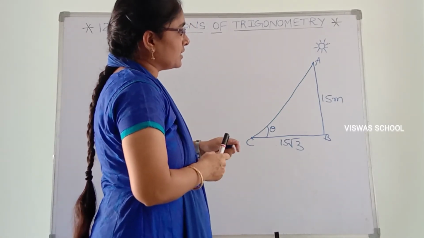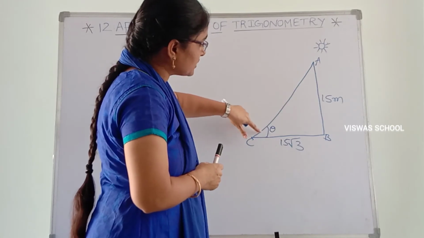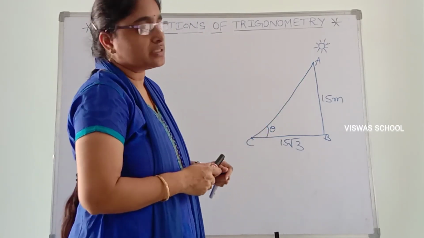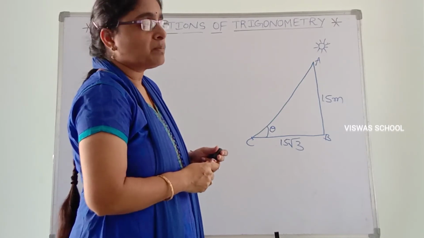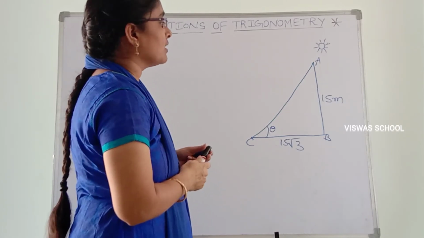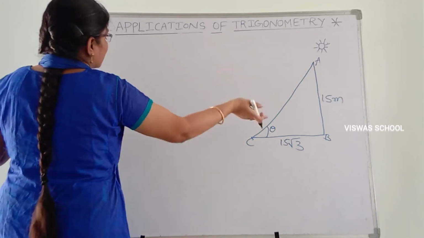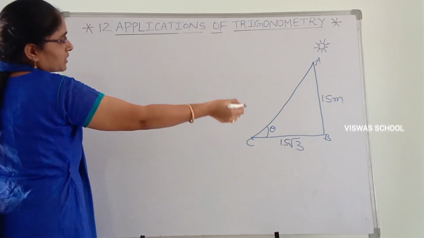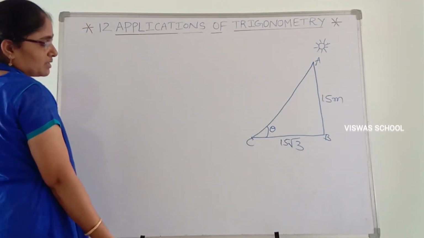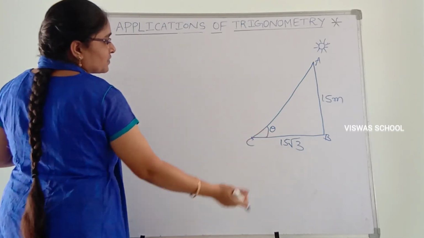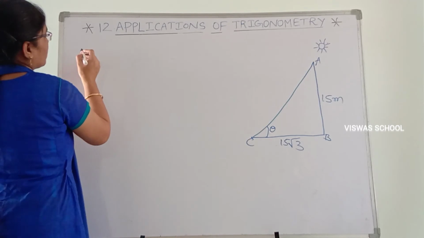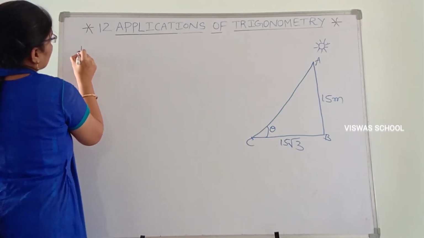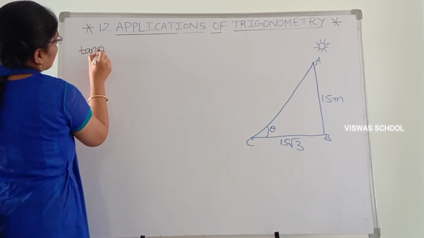This is the opposite to theta and this is adjacent to theta. Opposite by adjacent becomes tan theta. The height of the pole is given: AB equals 15 meters. And the shadow is 15√3. And here I am taking the angle as theta. From the figure, what is the trigonometric ratio?